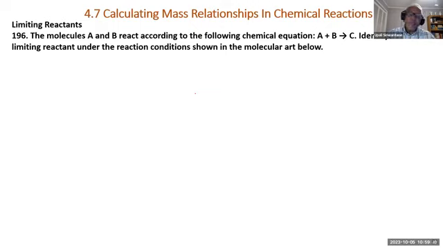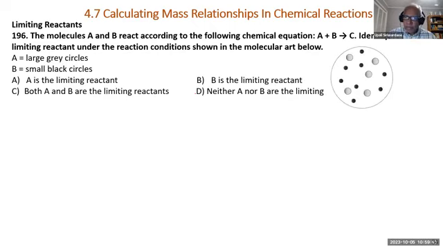You can look at some diagrams and try to get a clearer idea about how you find the limiting reactant. There's a diagram in this problem. The A's are large circles. B's are small circles. So it's a 1-to-1 reaction.